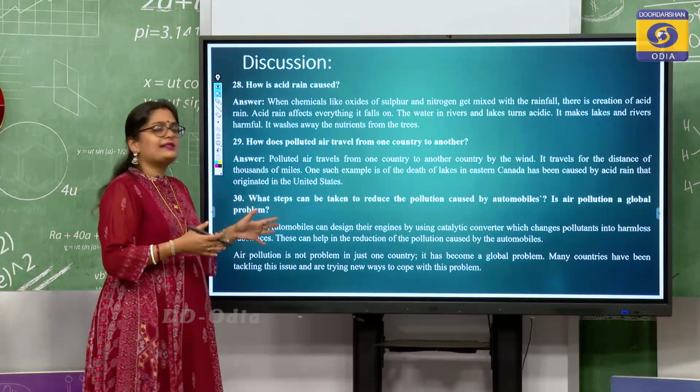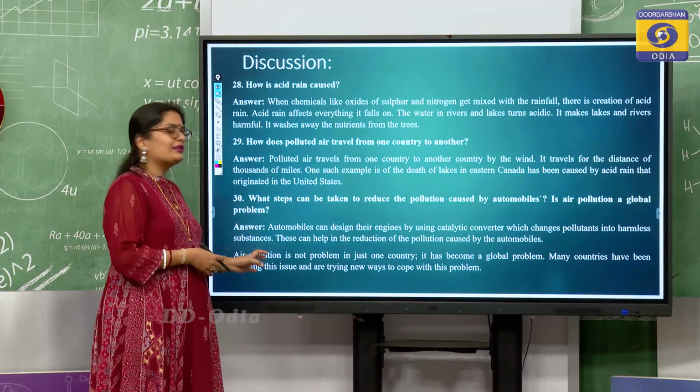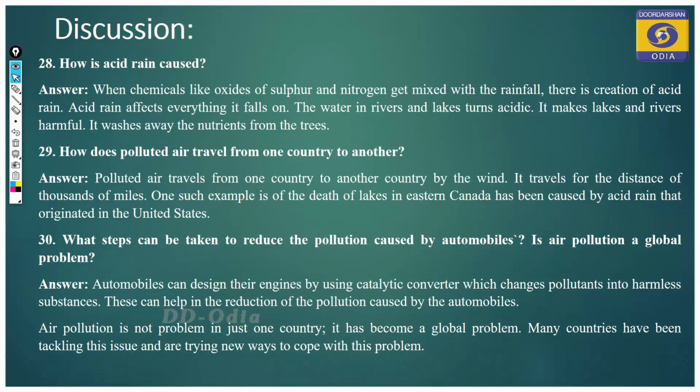So what do we see? What is the most precise answer for this question? Automobiles can be redesigned. I used a term in the previous slide. It was catalytic converter. So also automobiles can be redesigned by using what equipment? Catalytic converter. What will this catalytic converter do?